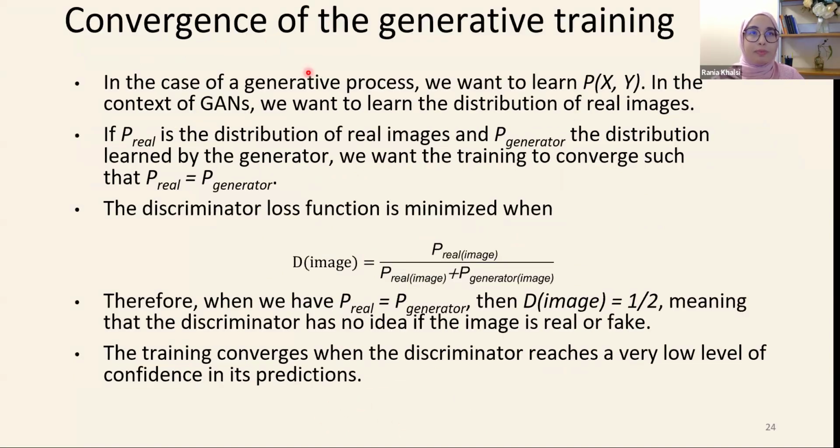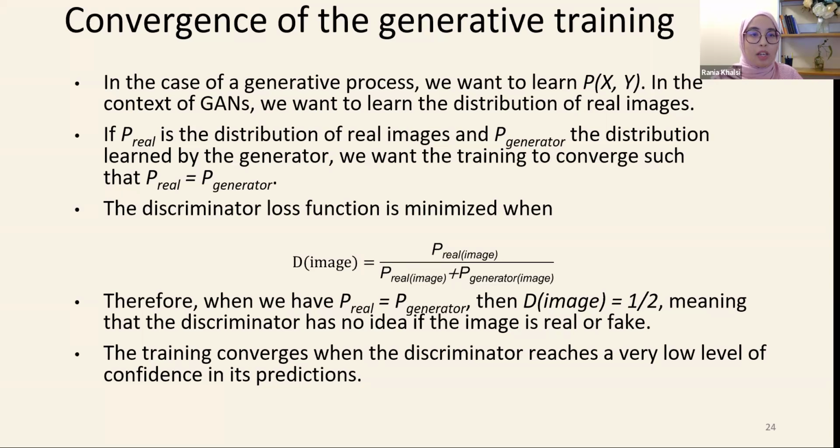Next, how it works: we have the convergence of the generative training. A discriminative process is typically what is learned in a supervised learning setting.